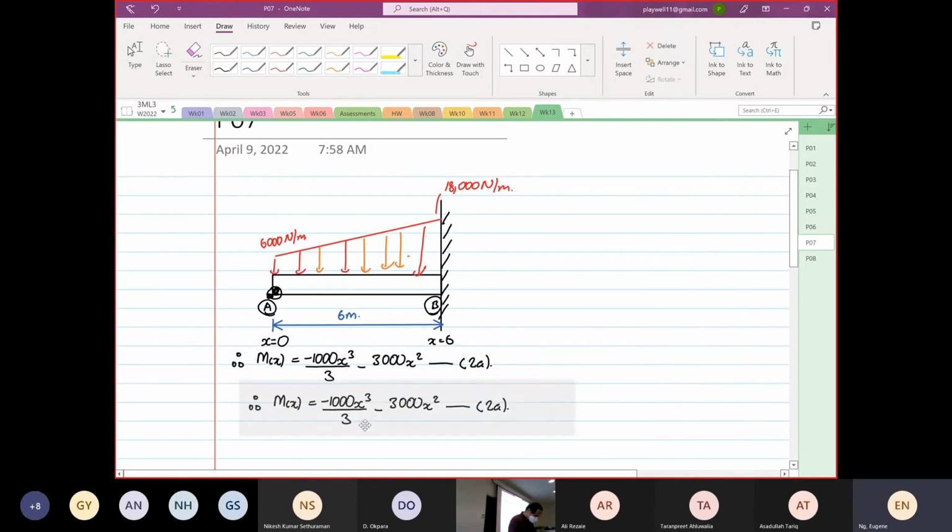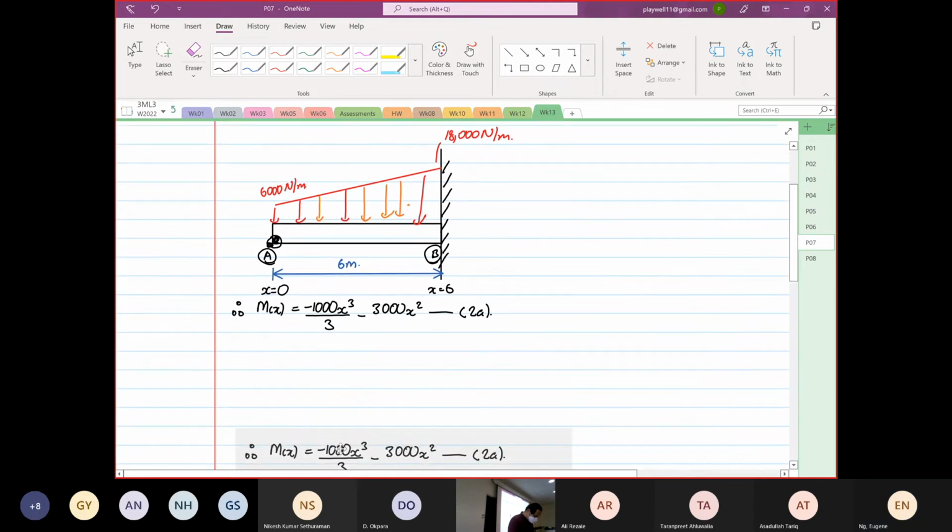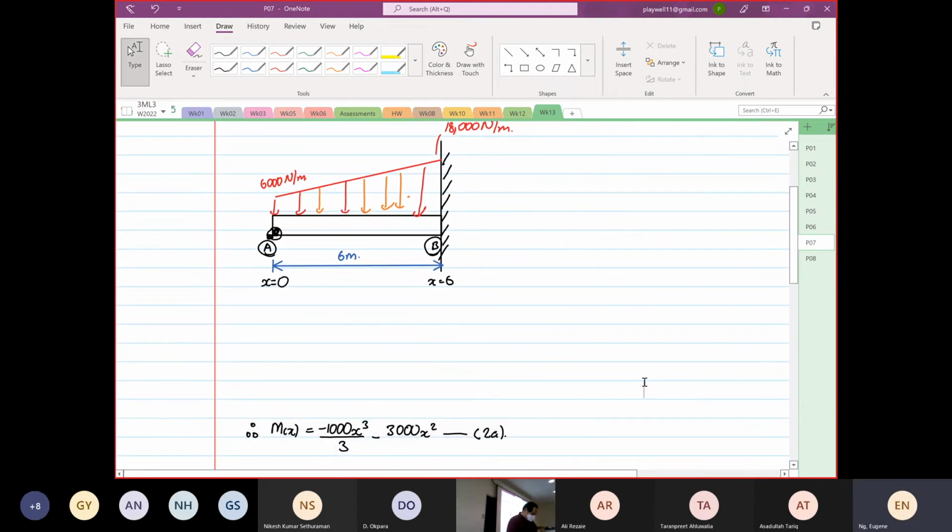Now we are going to form two more boundary conditions. So we have V, M, theta, Y. We know that at x equal to 0, V is equal to 0, M is equal to 0, theta we don't know, Y is not equal to 0.